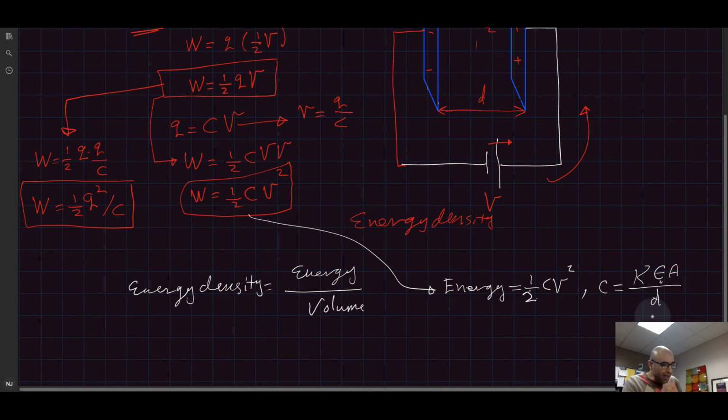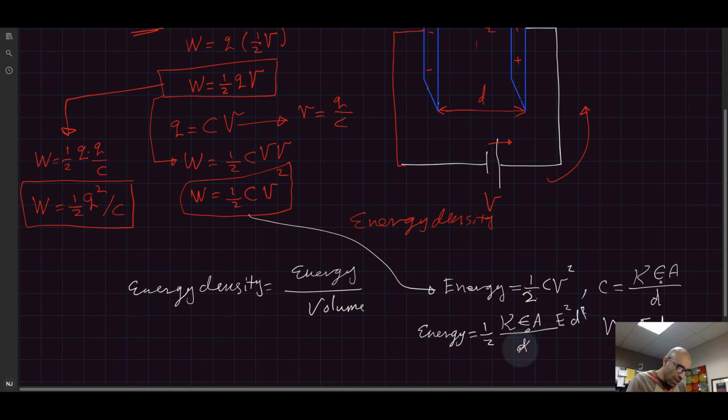Now we know that V is equal to E, the electric field, times D. So I'm going to put these two quantities here. Energy is equal to 1/2, C is equal to kappa epsilon 0 A divided by D, and V squared is equal to E squared times D squared. Now, D squared with D, one D goes away.